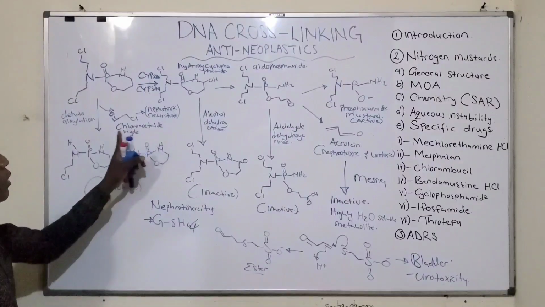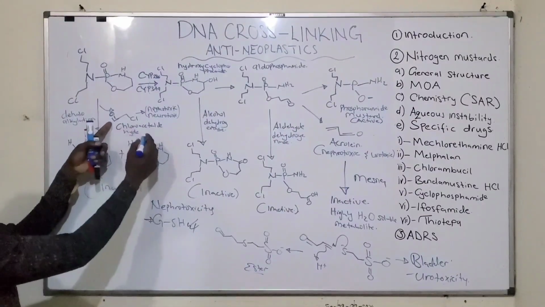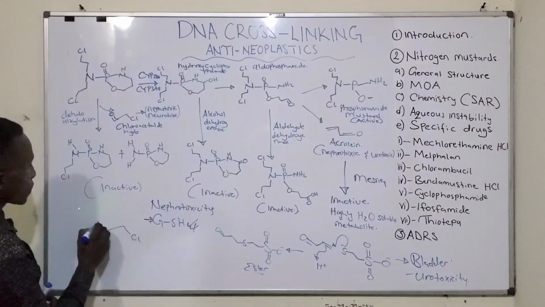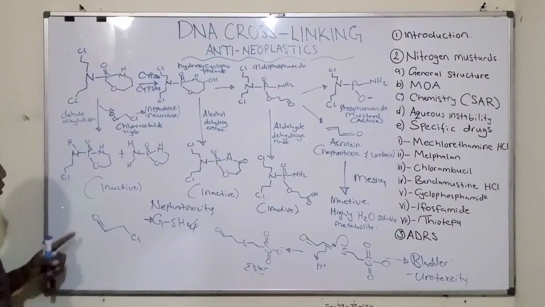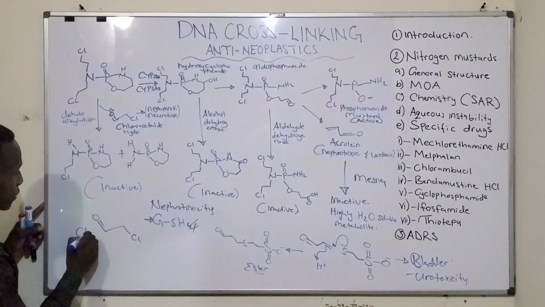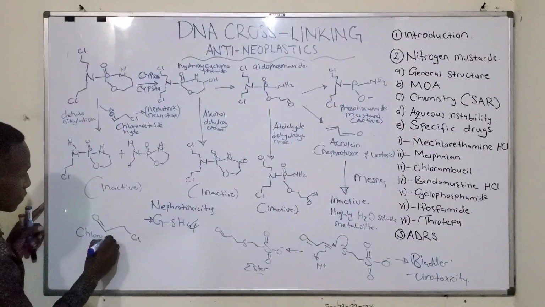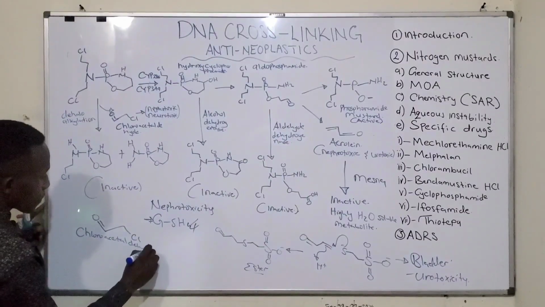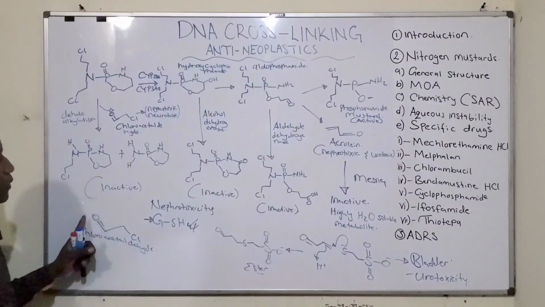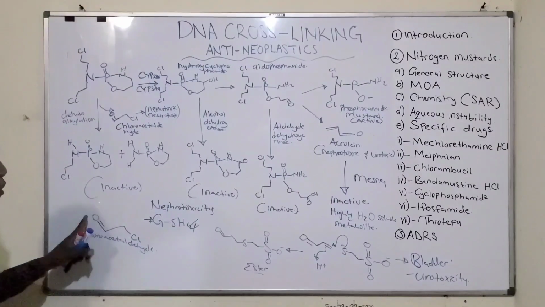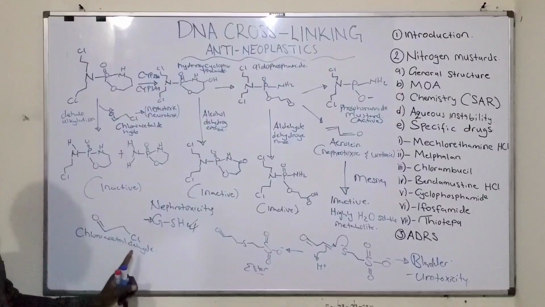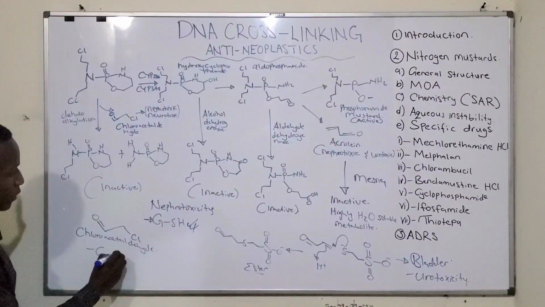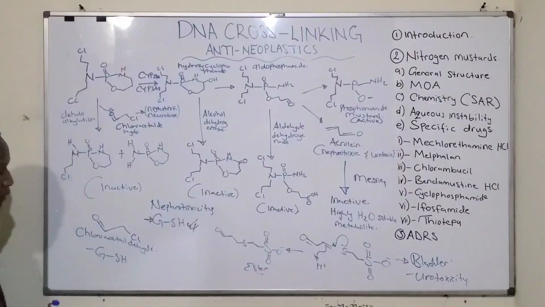Also, the chloroacetaldehyde. This one can cross the blood-brain barrier. This is the chloroacetaldehyde. Also, mesna has limited effect on the chloroacetaldehyde. But glutathione can also overcome its effect.